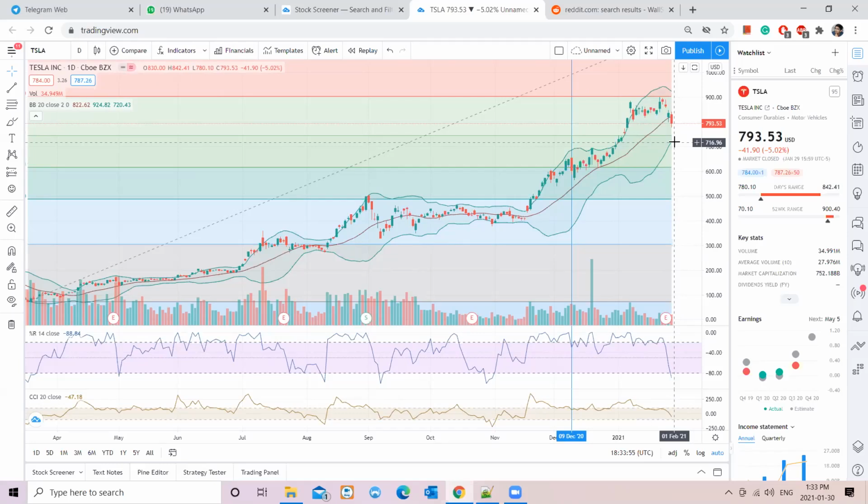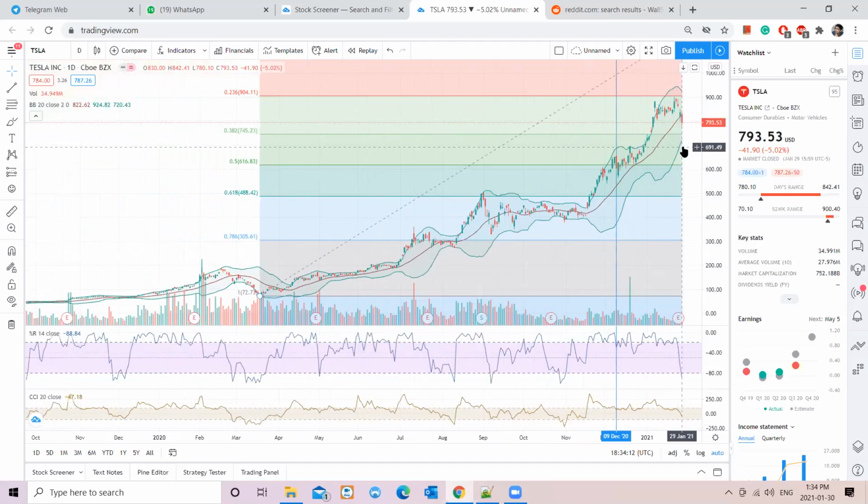Some positions which I sell at 850, I'll buy again once it goes on correction, maybe around 820 or 850. That time it could come around 850. So that is how I usually hold Tesla.